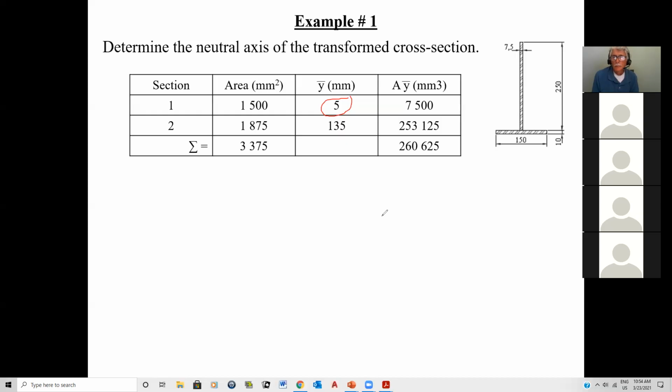To section 1? No, but why did I put 5? Why did I put 135 here? That is 260 divided by 2 to get the 135. In other words, what did you do to get 135?